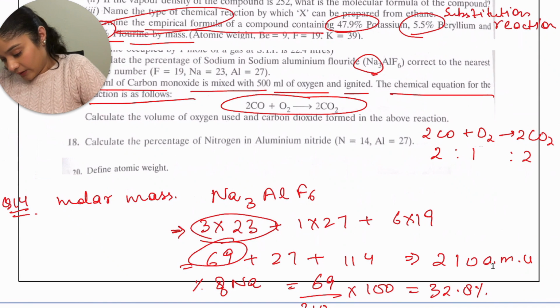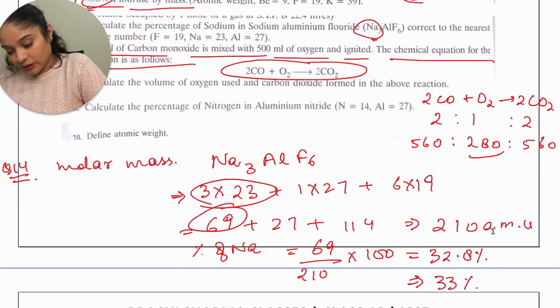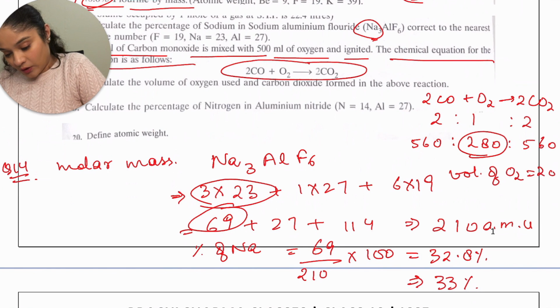And what else do we have? 560 ml of carbon monoxide. So 560 is to 280 is to 560. So volume of oxygen used here would be 280. Volume of oxygen used is 280. And volume of carbon dioxide formed is 560.